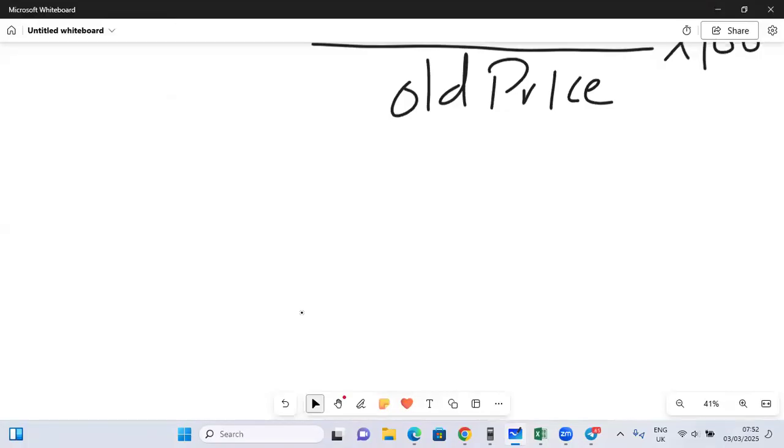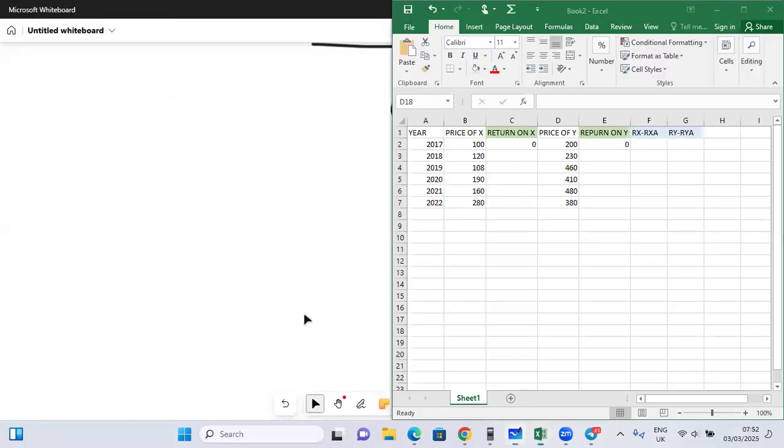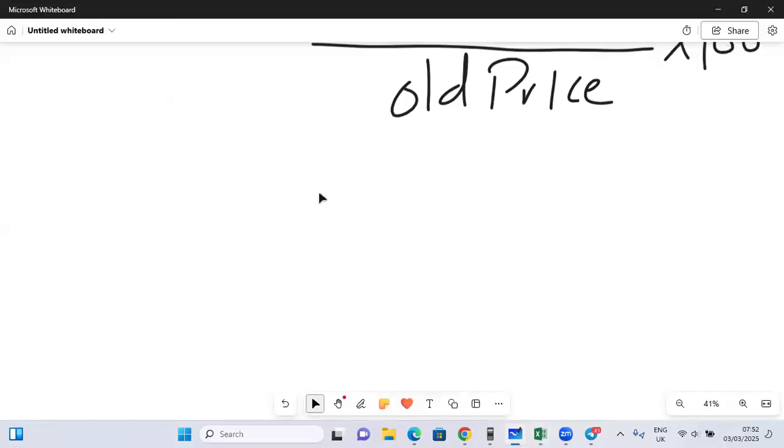So when we take the first one, for 2018, the new price is 120. So 120 over the old price, 100, minus 1, right?